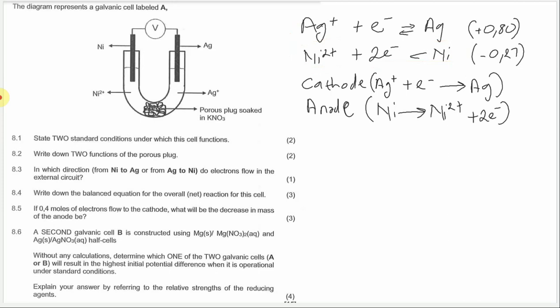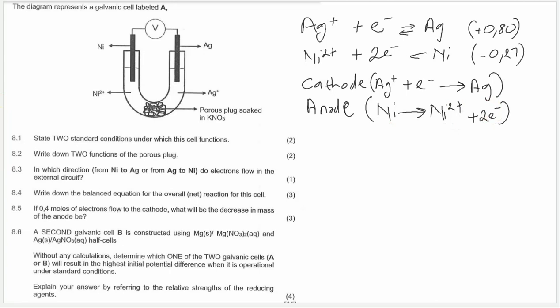You have to make sure that you write it properly, unless you can remember to do that. But I think it's best to just reverse it and take the fact that you have nickel and it's going to lose some electrons to become nickel ion.